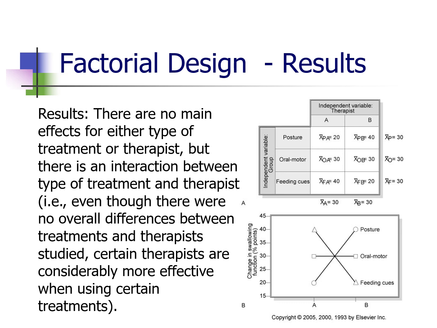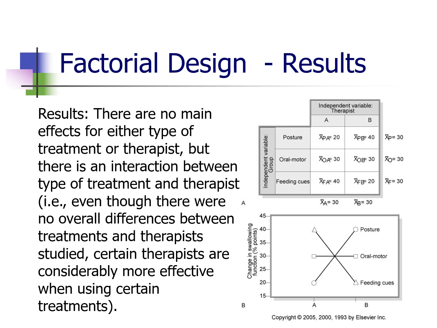If we look at therapist A, they had the greatest improvement in the feeding cues program, denoted by the triangle. They had a 40% improvement in swallowing function with feeding cues compared to therapist B, who had a 20% improvement. However, when we look at the postural training program, therapist B had a 40% improvement, while therapist A only had a 20% improvement.